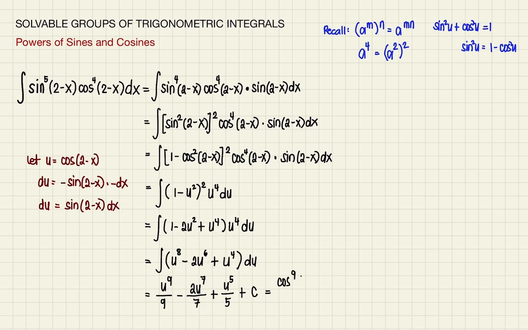So cosine of 2 minus x raised to the power of 9 over 9 minus 2 cosine of 2 minus x raised to the power of 7 over 7 plus cosine of 2 minus x raised to the power of 5 over 5 plus c.